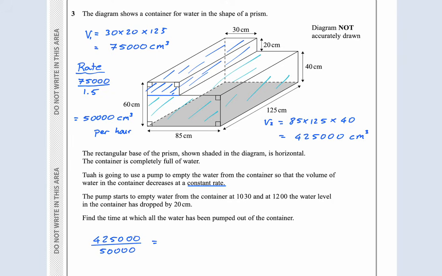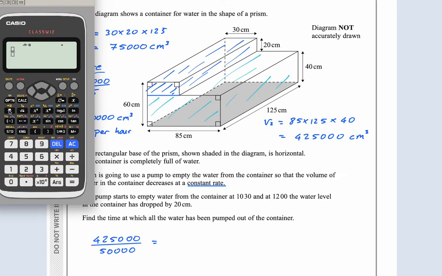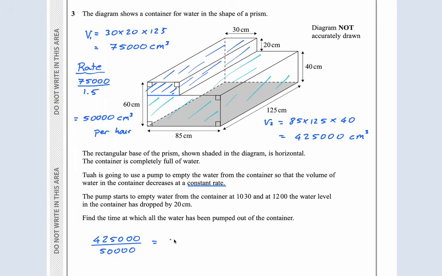So 425,000 over 50,000 is 17 over 2, which is 8.5.